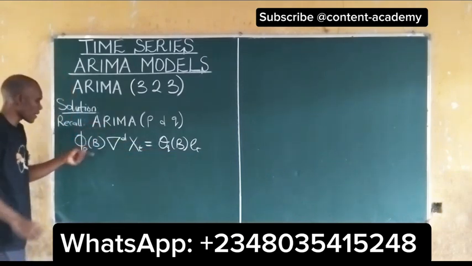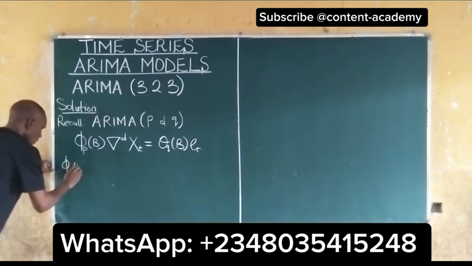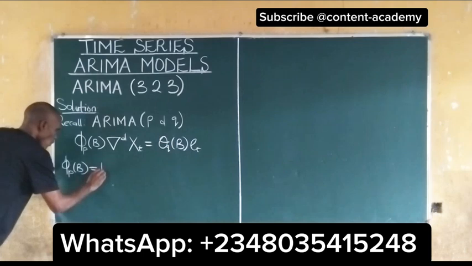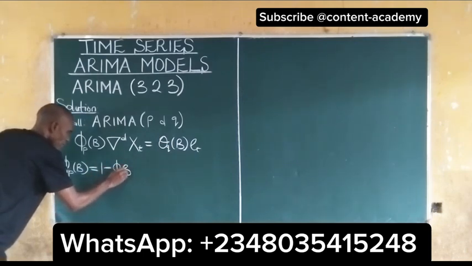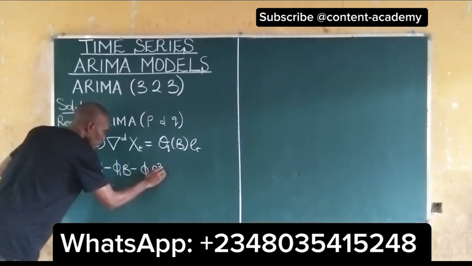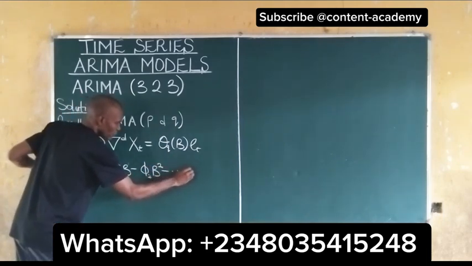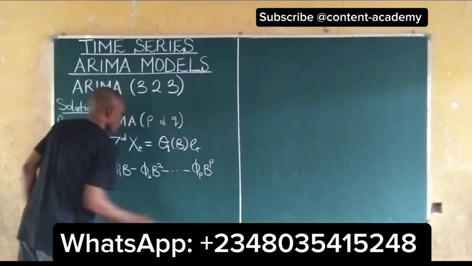Of course, from ARIMA, we note that phi P B is equal to 1 minus phi 1 B1 minus phi 2 B2 minus, it continues like that to give us phi P B.